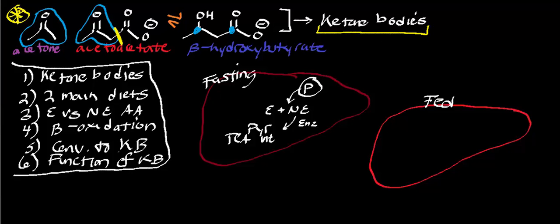Okay, these are the two main things. Let me do this in light blue. These are the two main things that the non-essential amino acids get degraded to. The essentials are held onto, but in general, non-essential amino acids tend to get degraded to pyruvate or TCA cycle intermediates.